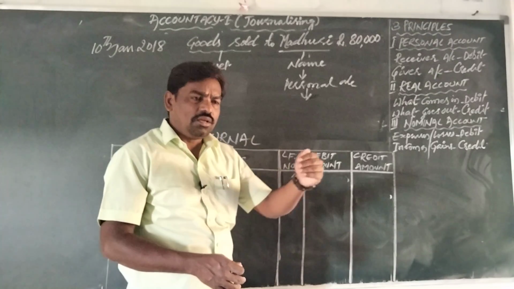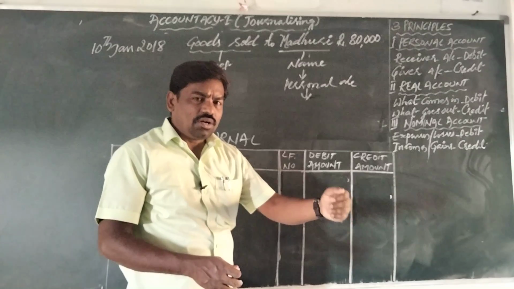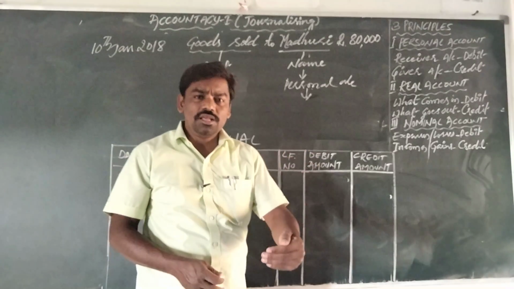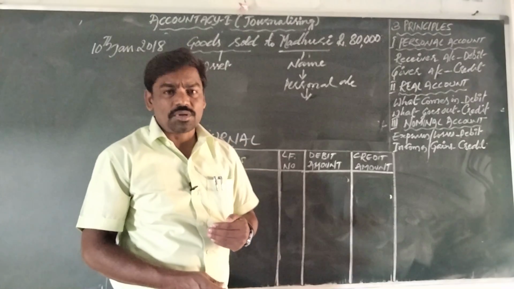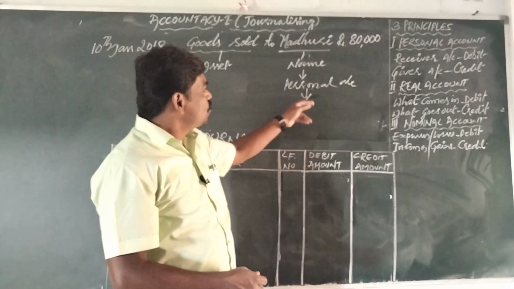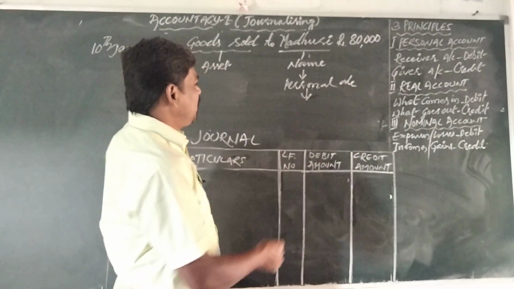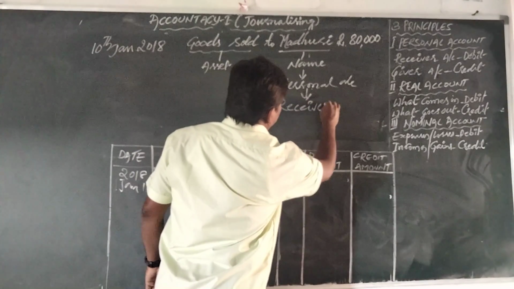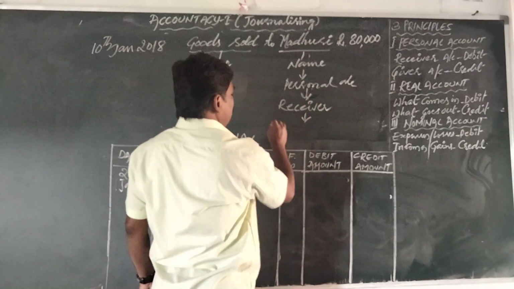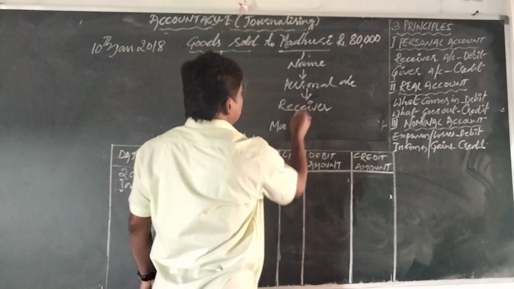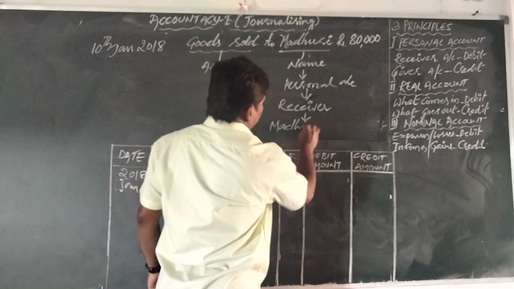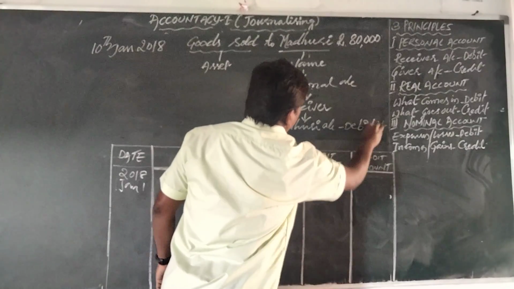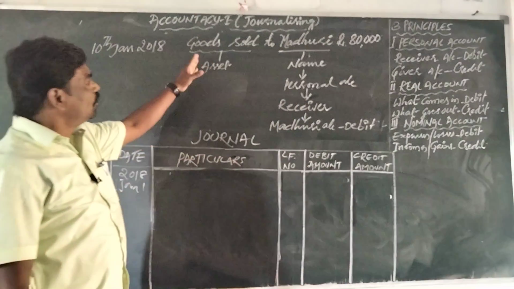So here Madhuri is the receiver. So receiver account should be debited here as per personal account principle. Madhuri account debit. Next come to goods.